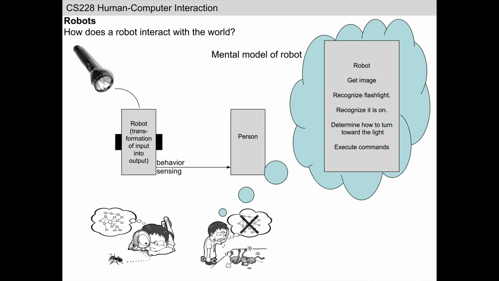You might remember when we talked about Kismet and Jibo, the interactive robots. When we look at animals, we tend to anthropomorphize them, or we may attribute overly complex cogitation, what's going on inside the head of the animal, than is actually there.